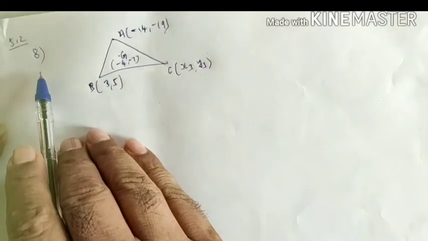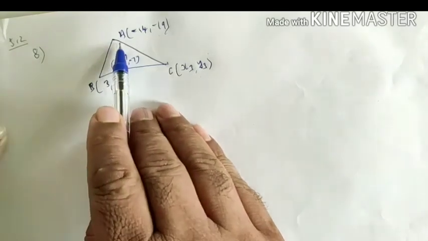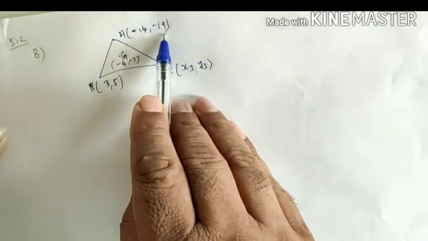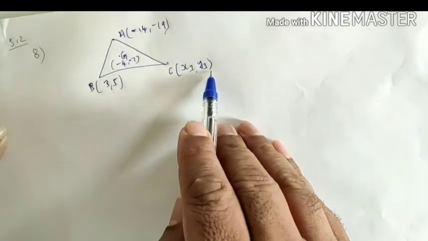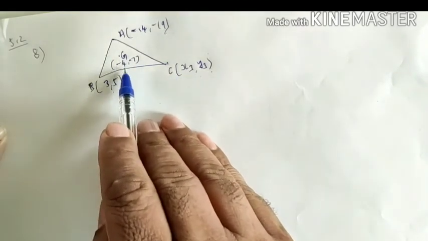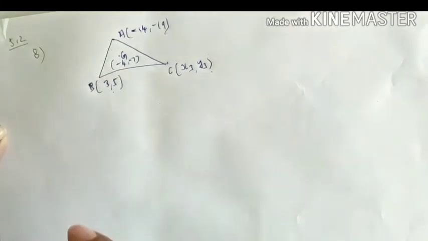See question number 8, problem set 5.2. Coordinates of A are given as (-14, -19), B is given as (3, 5). Coordinates of C are missing, that you have to find, and coordinates of the centroid G (-4, -7) are given.